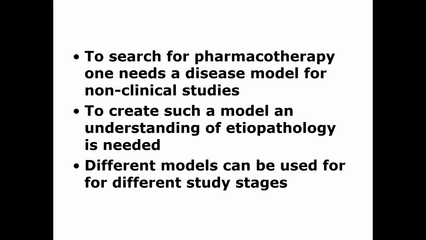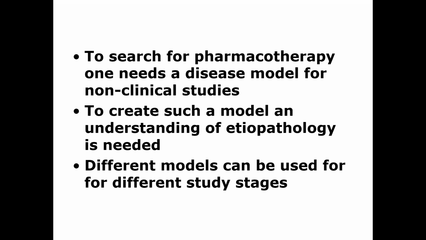This cannot be done for neurofibromatosis, and I'm going to discuss later why it cannot be done. We can also create a cell model for in vitro studies, and we can also do transgenic animals. That's not for screening.